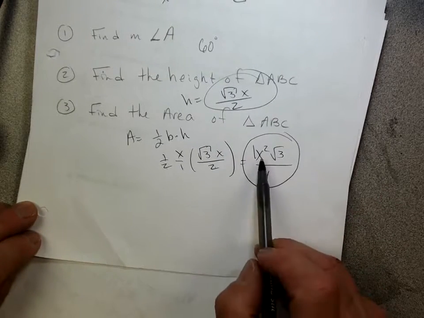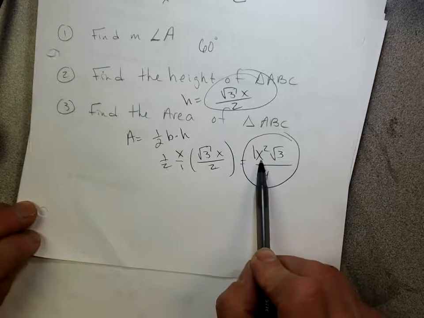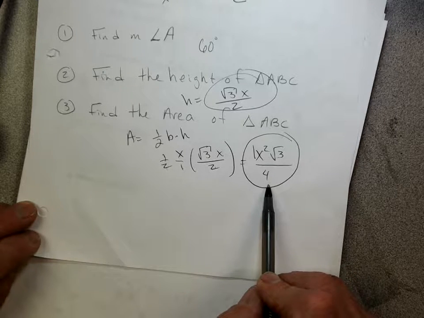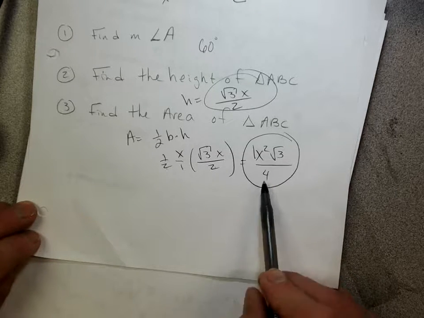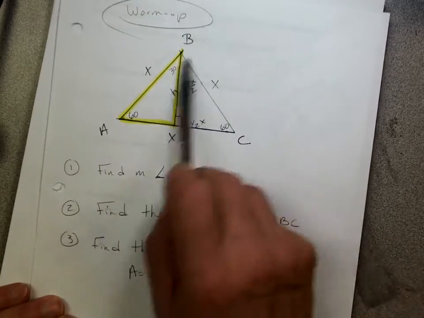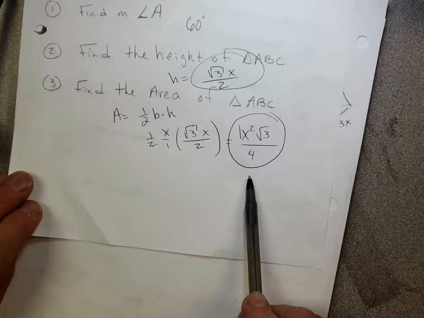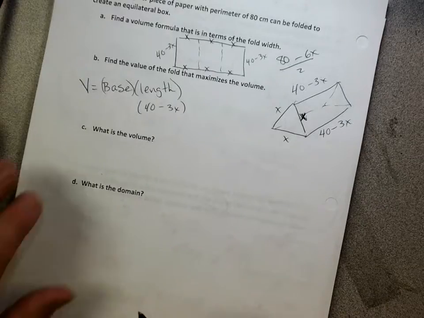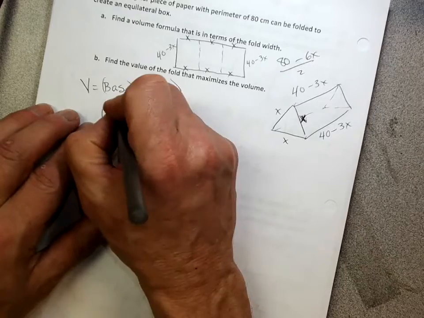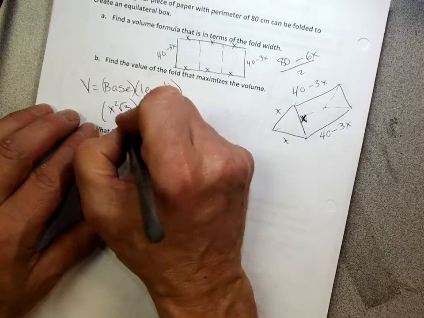The area of the base is x squared root of 3 over 4. That's why we did this, right? We found the area of this thing in our warm-up, which turned out to be x squared root of 3 over 4, right? So our area of base is going to be x squared root of 3 over 4.